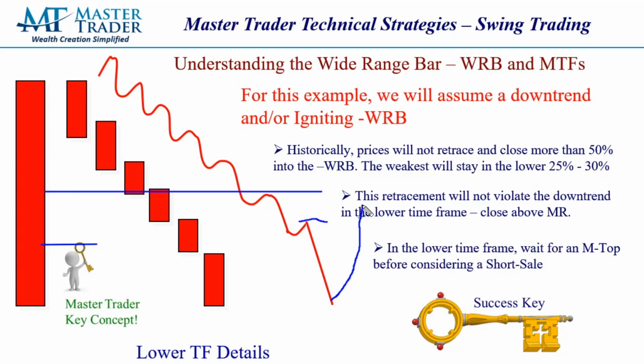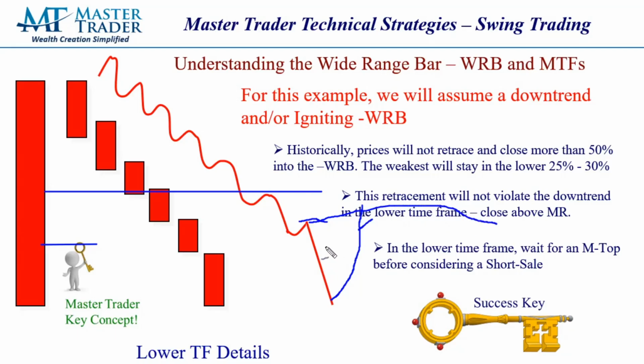But our focus here as swing traders is going to be our daily, our weekly, and to some extent the monthly. So when this retraces here, it could overtake this area, this swing high. But what we're looking for, the ideal scenario would be for it to stay below.